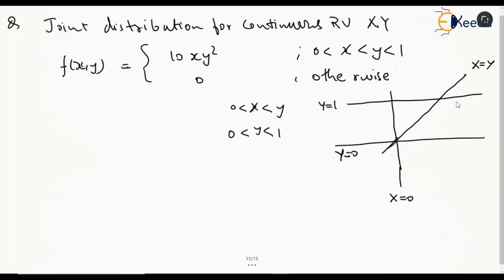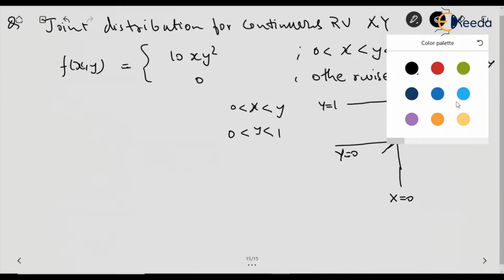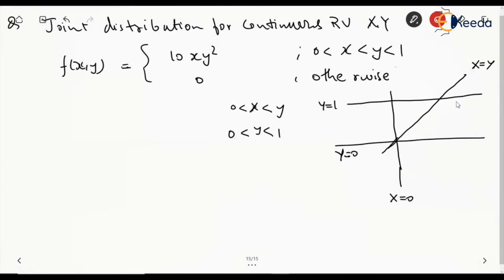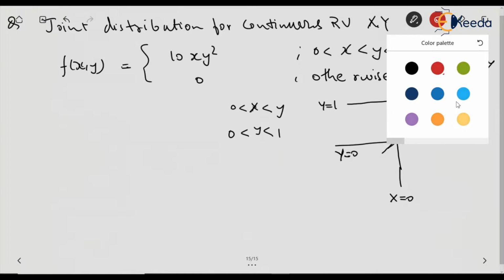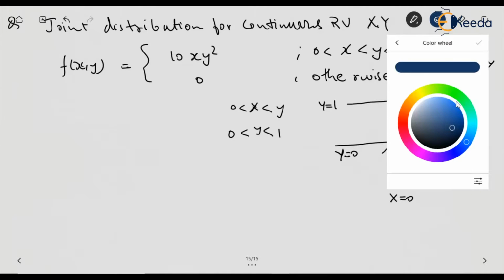So what is the region? Which region is actually enclosed here? It is this region, right? These lines are there: x equal to 0, x is equal to y, and y equal to 1. So all three lines are defined here, and this is the region we are enclosing. I'm writing it R. This means in case we are finding any values, we'll have to take care of this region.